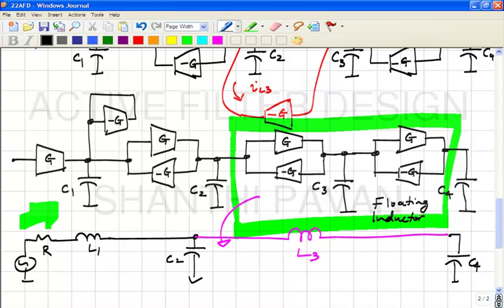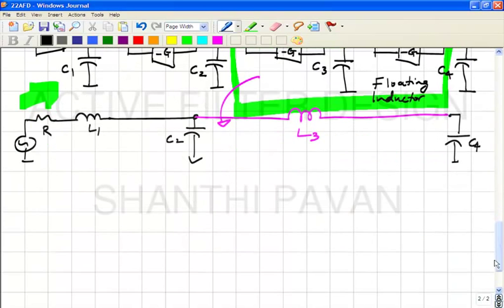Right. So, this kind of realization is often called the active ladder approach. Right, where the idea is to emulate the same kind of equations that the passive ladder imposes on the network voltages and currents, except that you now have active elements which enforce these equations.